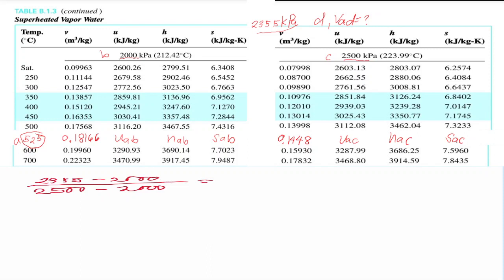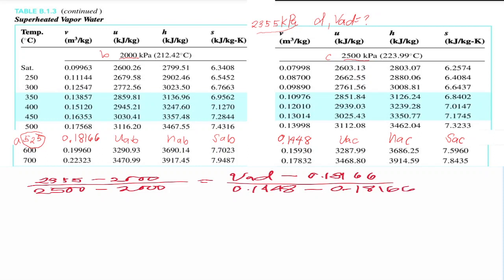So the value of that is your specific volume at VAD minus the value of specific volume at 2000 kilopascal, we have 0.18166, over 0.1448 minus 0.18166.